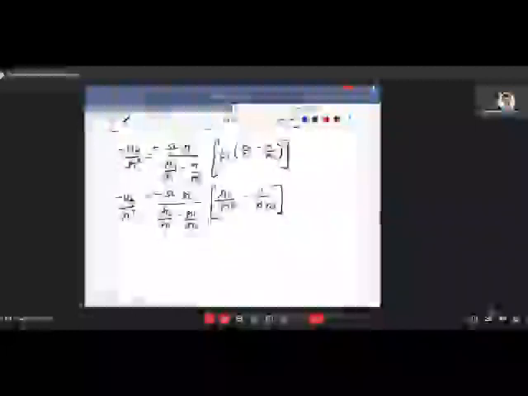Therefore, the final expression would be the summation. Let me call this equation 2 and this equation 1. Therefore, finally it would be 1 plus 2. And what we see is that the coefficient term in both of them effectively remains the same, just a minus sign is there, and the term inside the bracket is exactly the same.